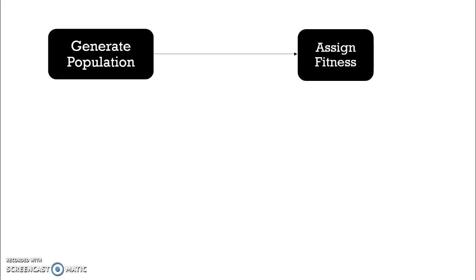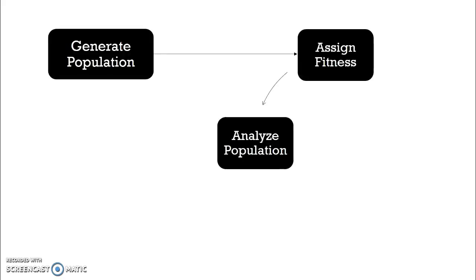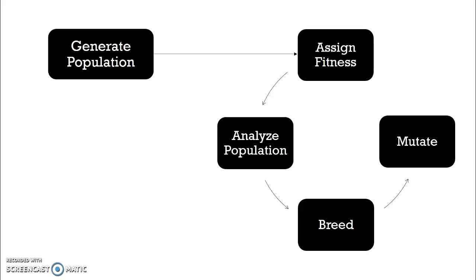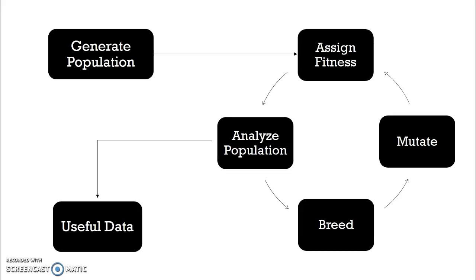I broke the structure of a genetic algorithm into 6 different components, and they are generating the population, assigning the fitness, analyzing the population, breeding, mutating, and these 4 just go into a cycle, all while outputting useful data that you use to optimize your issues.